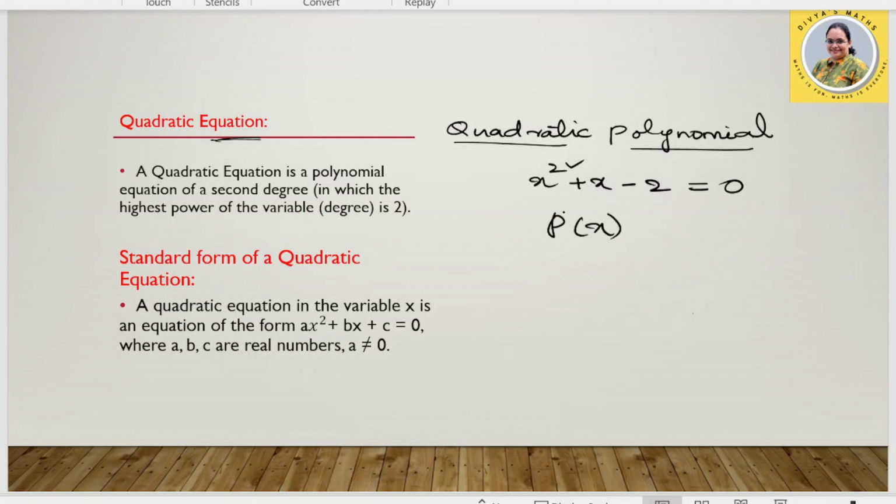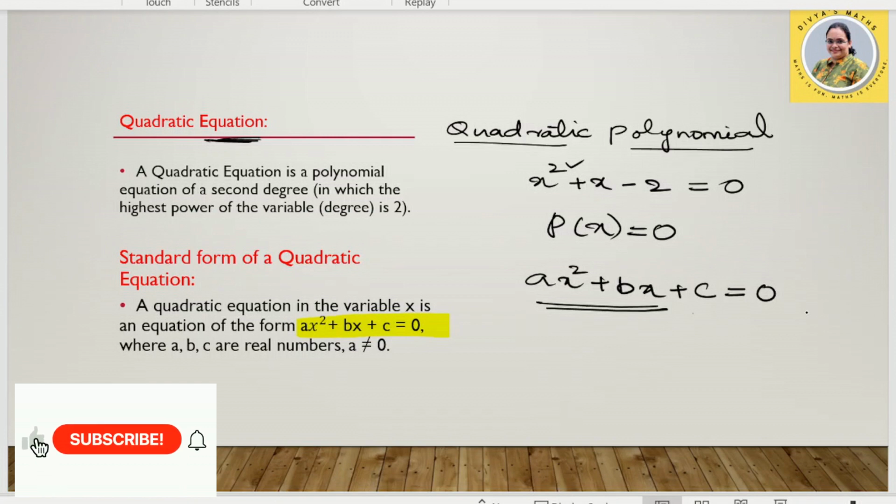The general form of a quadratic equation is ax square plus bx plus c is equals to 0. Here ax square plus bx plus c is a quadratic polynomial and we are equating it to 0.